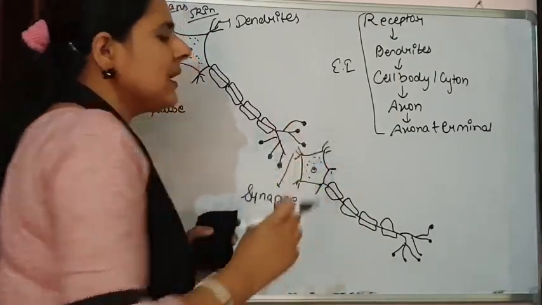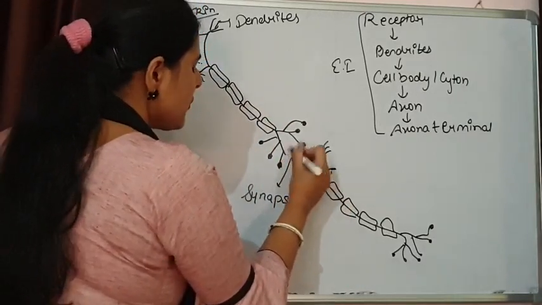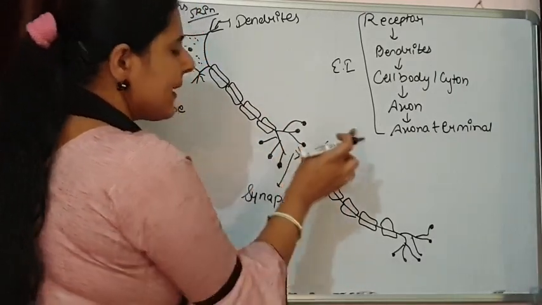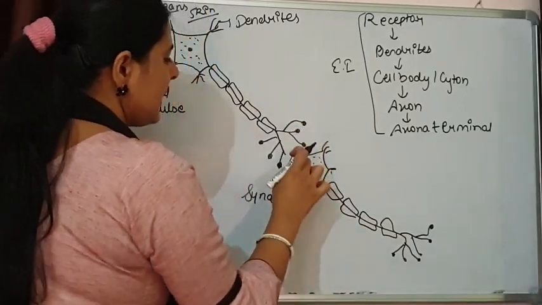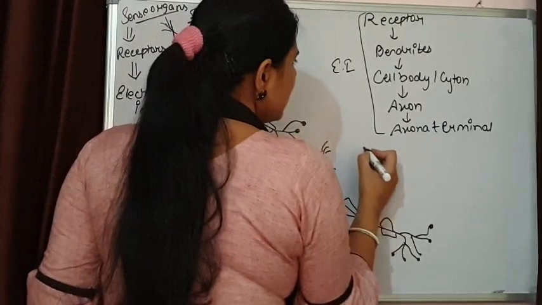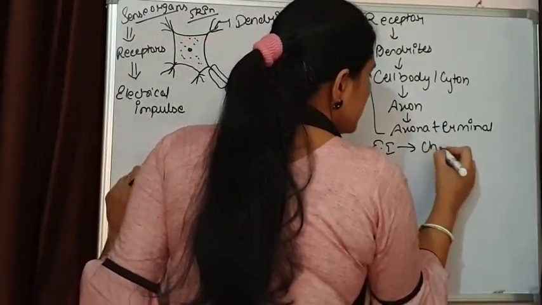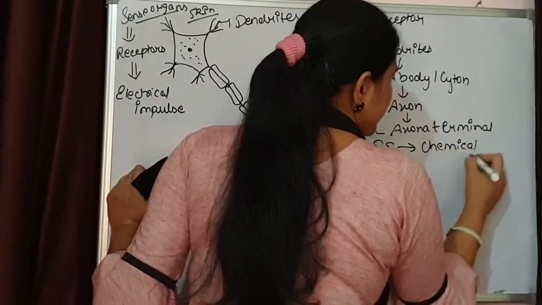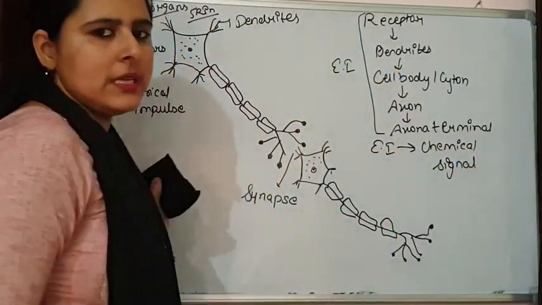Now here the signal is going to change. The signal changes from the axon terminal to the dendrites of the next neuron, and this space is the synapse. How is the signal changing? It changes from an electrical impulse into a chemical signal. What does this chemical signal mean?